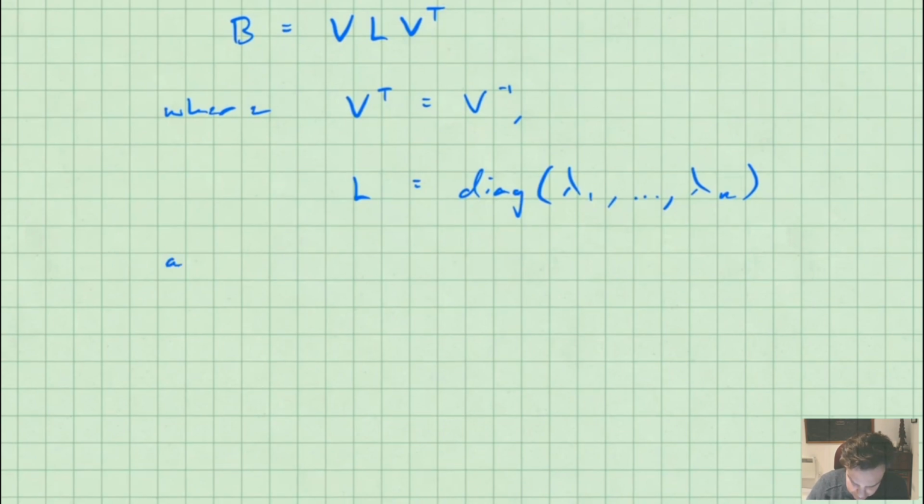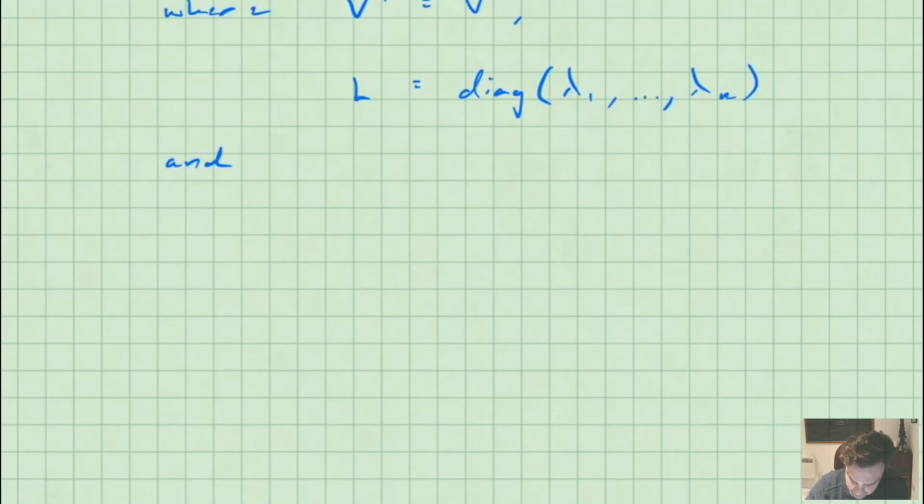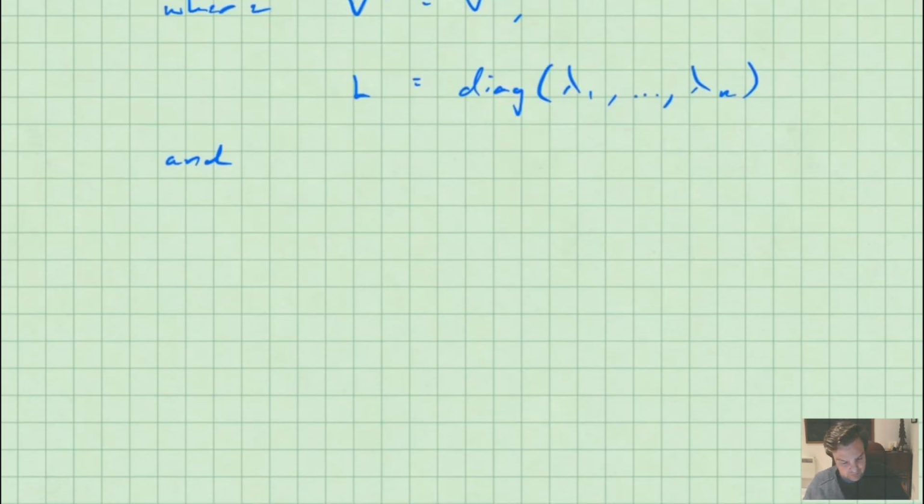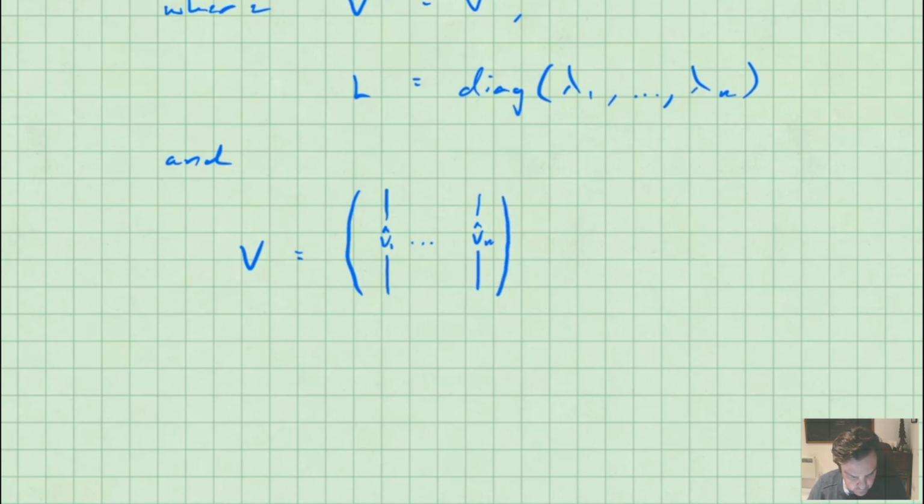And what does the V matrix look like? Right, so the V matrix looks like this. It's built out of the eigenvectors of B. Like that, okay?